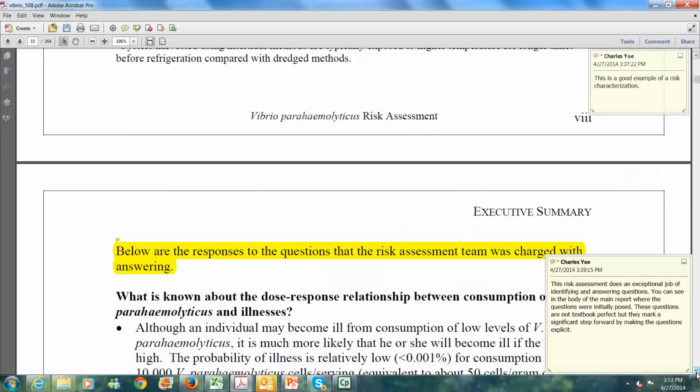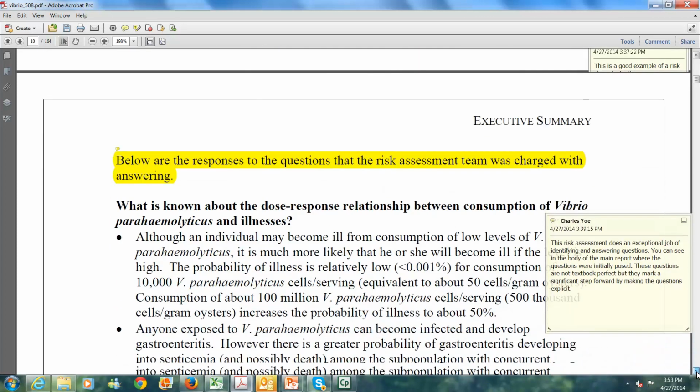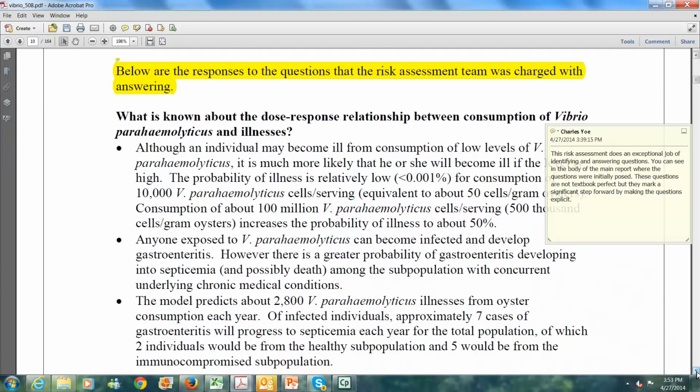But we've also pointed out that it's very important to have those 3 pieces of paper: the problems and opportunities, objectives and constraints, and the list of questions to be answered. This is the executive summary, I would remind you, but you see here a notation that below are the responses to the questions that the risk assessment team was charged with answering.